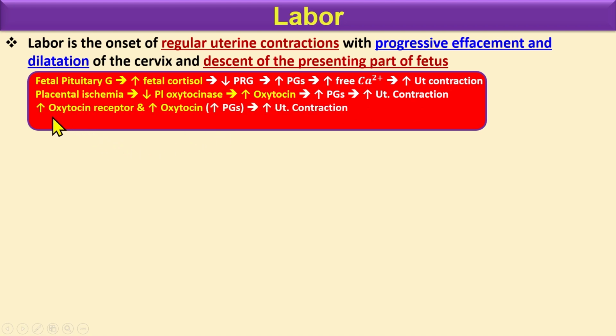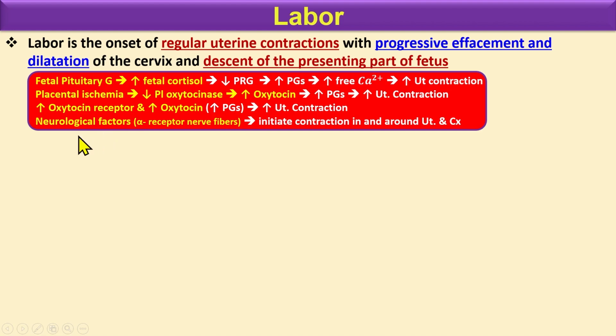The next important changes are happening in the mother. The oxytocin receptors are increasing in the cervix, and they also increase the synthesis of oxytocin. Both things increase the contraction, because oxytocin itself increases prostaglandin. That's why it causes increased uterine contraction.